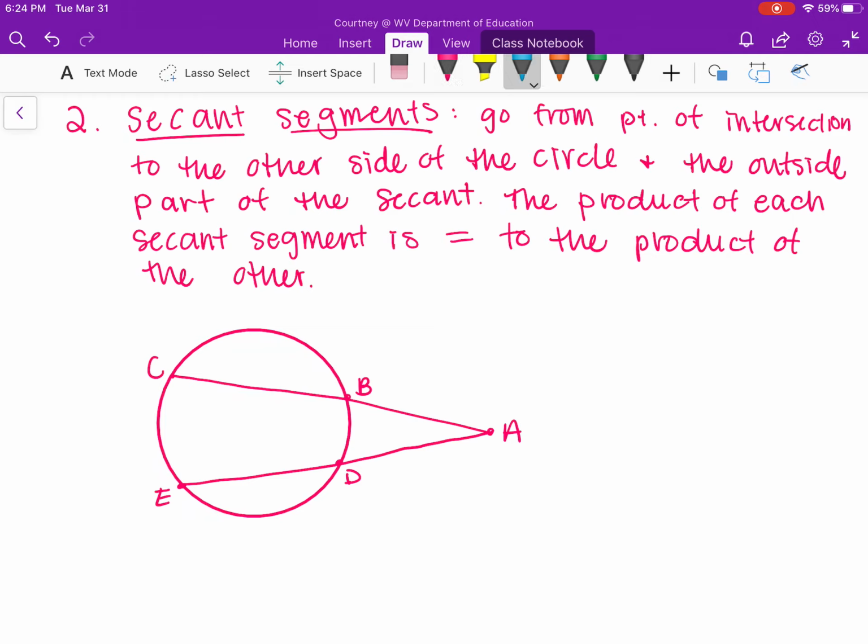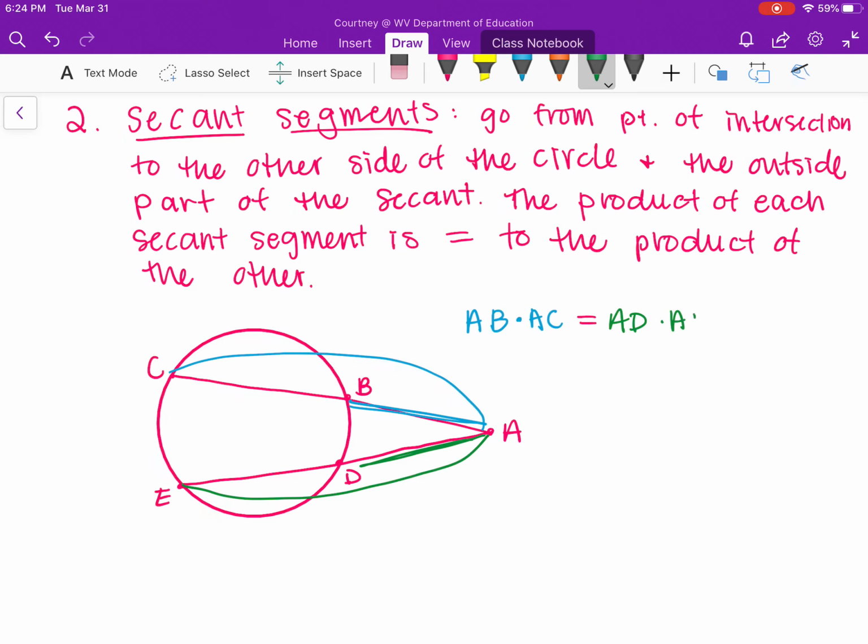So it's kind of saying the part, I'll do blue here, the part AB from the point outside to the inside, well, one part of the circle, times the whole thing is equal to, again, this part AD times the whole thing AE.